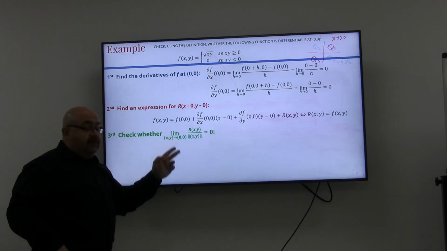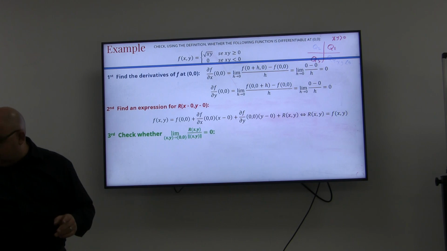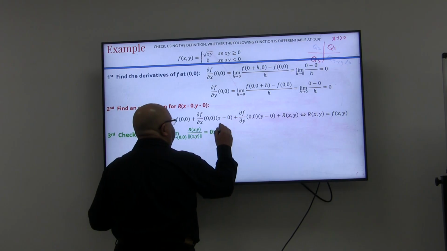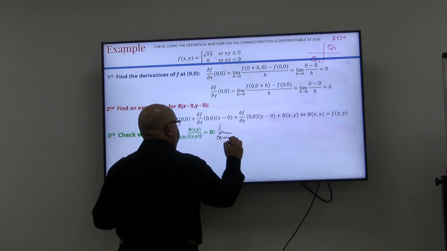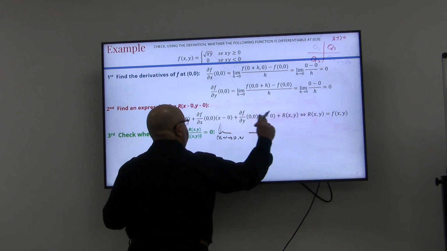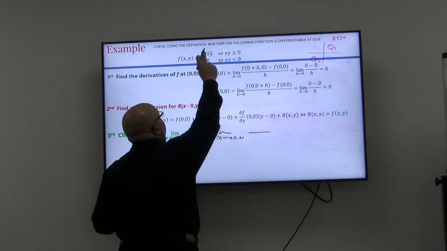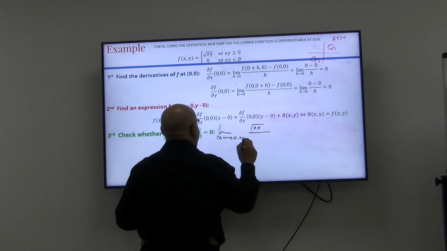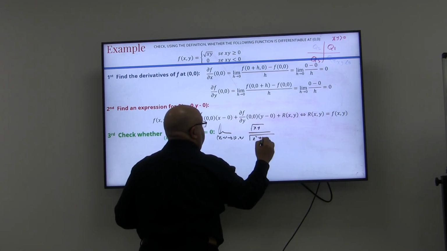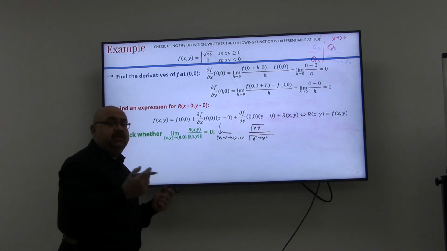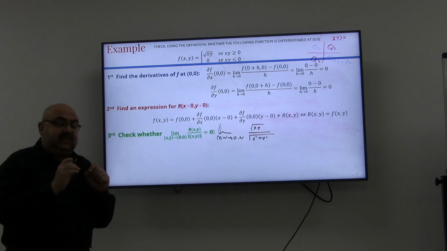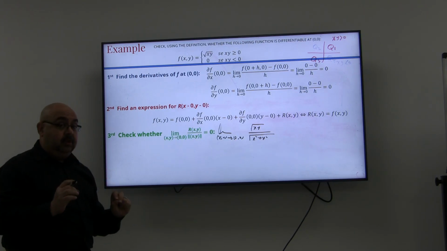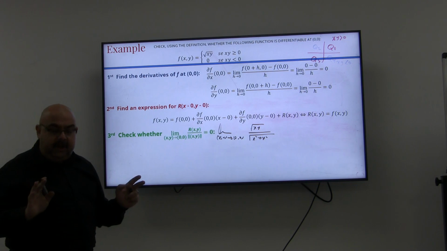If I want to solve this problem, it's very, very simple. All I have to do is to get the limit of x and y approaching the origin, as we see from this substitution that r is the value of the function. So it's going to be the root of xy divided by the root of x squared plus y squared. If the value of this limit doesn't exist or doesn't equal 0, then it's not going to be differentiable.